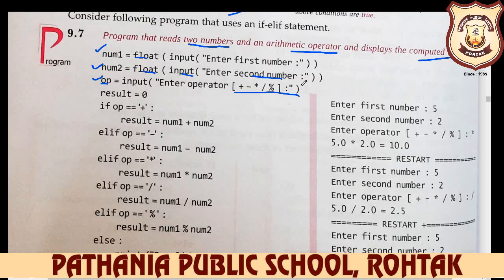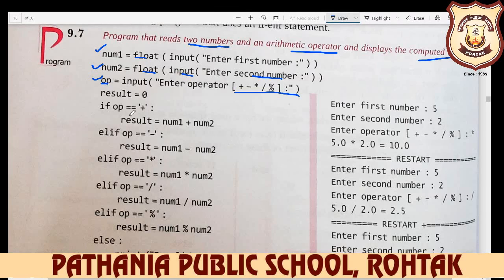So the user inputs these, but if the user does not input these and inputs, for example, 9, 7, xy, or any other operator, then what do we do? Then we display in else: invalid operator.